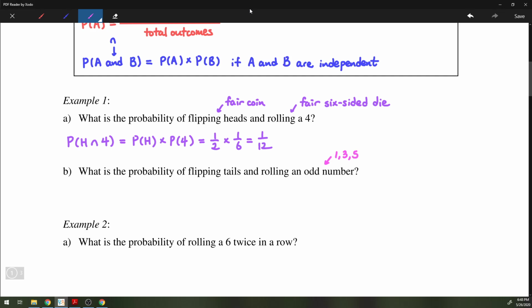So we calculate the probability of tails and odd. The probability of tails is 1/2, and the probability of an odd number is 3 out of 6, which is also 1/2. And so the probability that both happen is going to be 1/4.